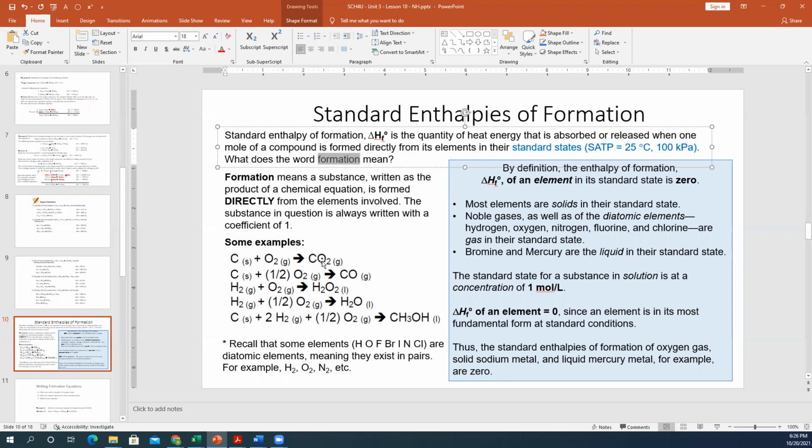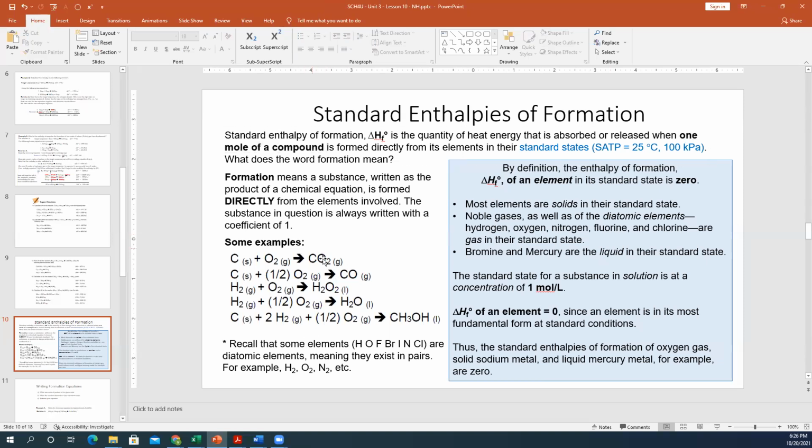And remember, because this is for just one molecule, for 1 mole of a compound, maybe I should highlight when 1 mole of a compound.